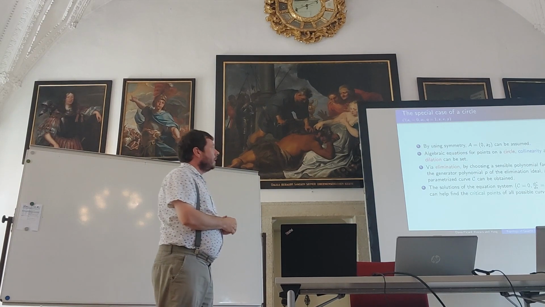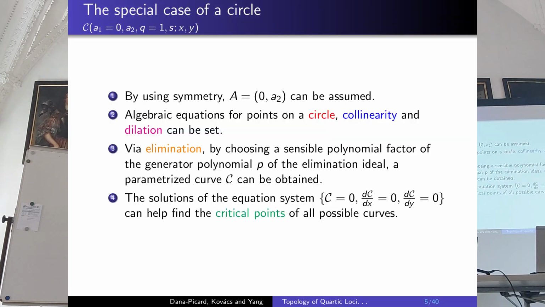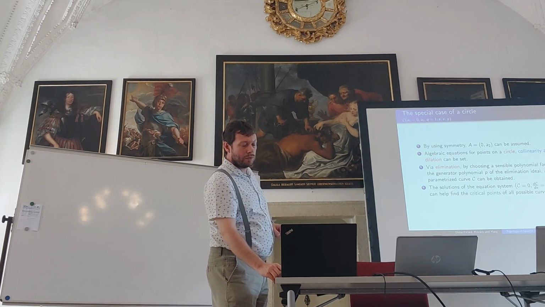Finally, to find the critical points or singular points, we can compute the derivatives of the obtained parameterized curve with respect to variables x and y. So this is the system, this is the concept, not just for the circle, but also for the ellipse.